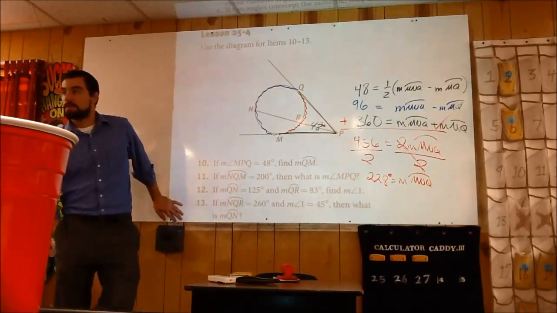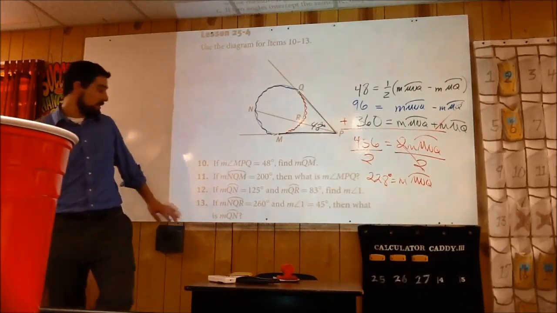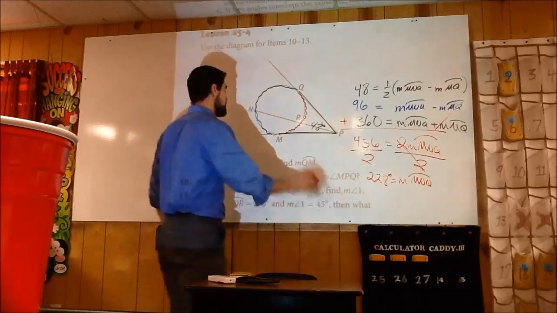Okie dokie. Is there another one on page 370? Number 13. Same diagram. This one's a tough one, apparently.